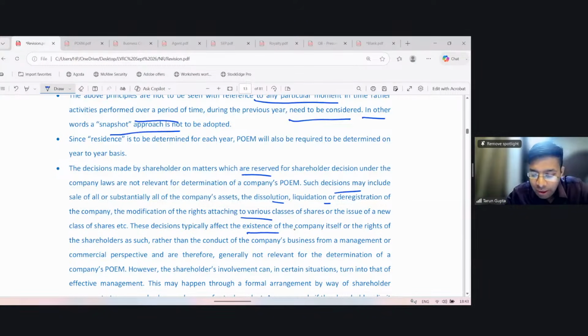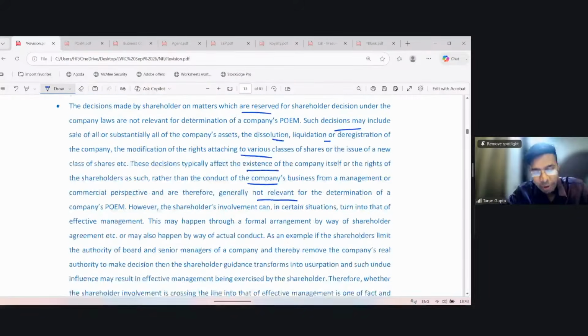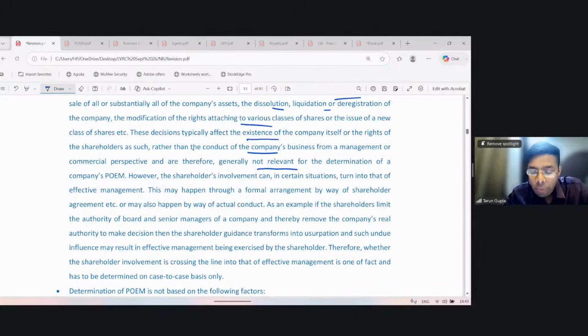These decisions typically affect the existence of the company or the rights of shareholders as such, rather than the conduct of the company's business from a management or commercial perspective, and are therefore generally not relevant for determination of the company's POEM. However, shareholders' involvement can, in certain situations, turn into that of effective management.